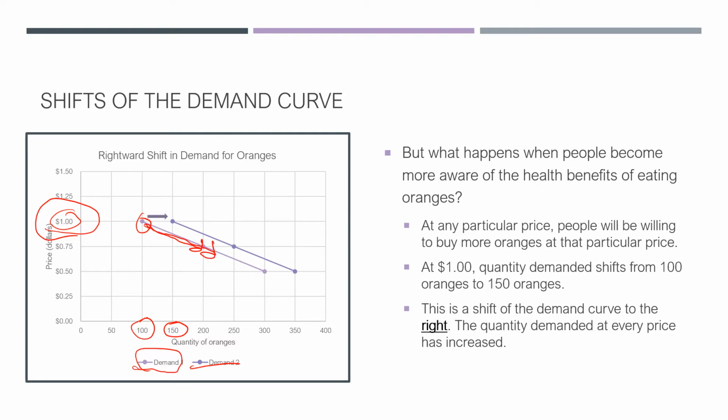If the price stays the same, but the quantity demanded changes, then something else has caused that change in quantity demanded. In this case, more people want more oranges because they believe it's healthier for them, and so they're willing now to buy 150. And so we now draw a new demand curve here.